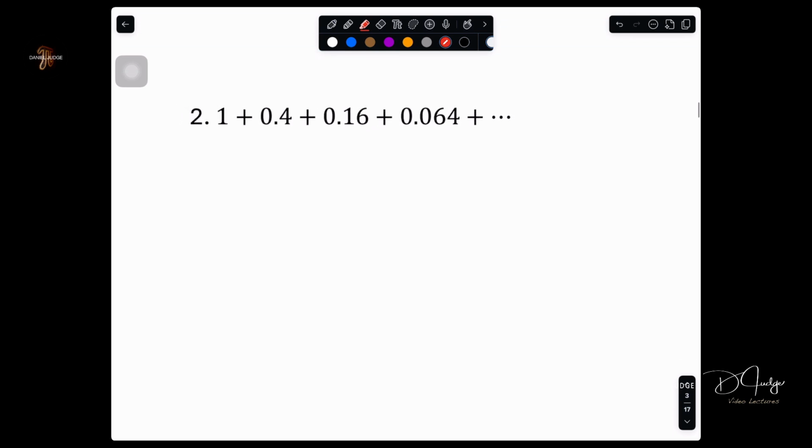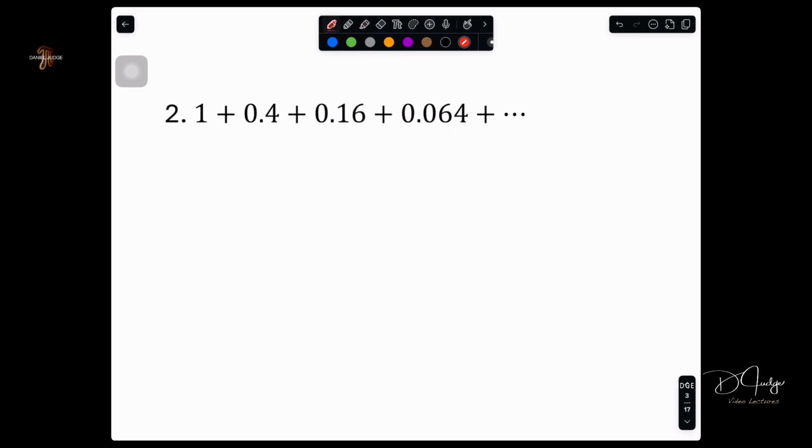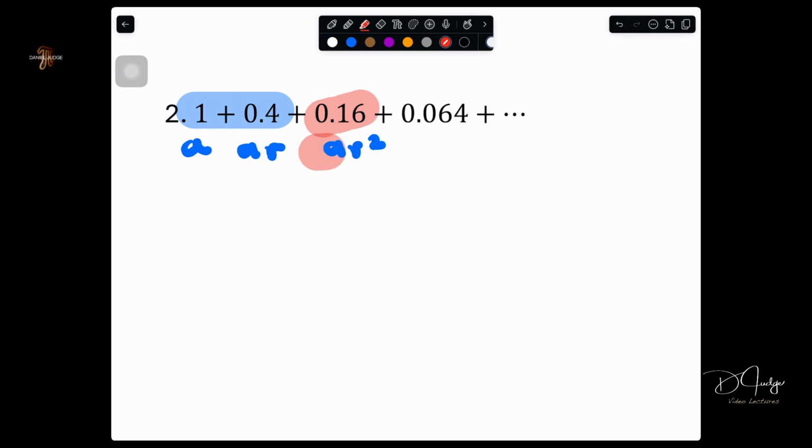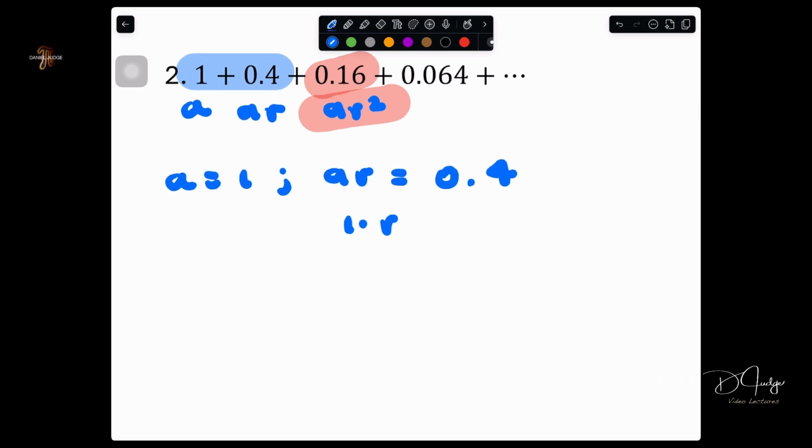Question 2 now. Is this geometric? Well, AR squared. We got to verify and find the values of A and R to see if it's the third term. This means A is 1, AR is 0.4. So 1 times R is 0.4.